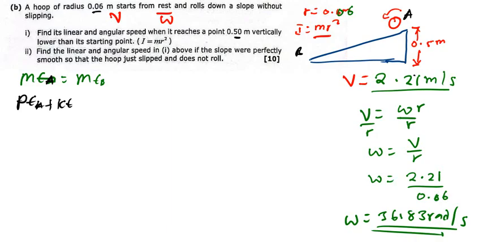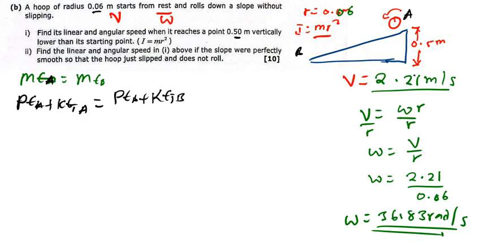I do not expect to have rotational because the object is not rolling. It was smooth, so it was just going without rolling. This should be equal to the potential energy at point B plus kinetic energy translational at point B.